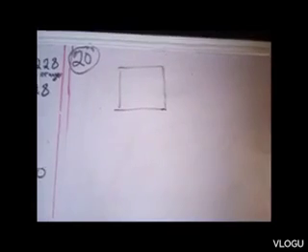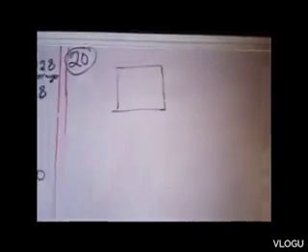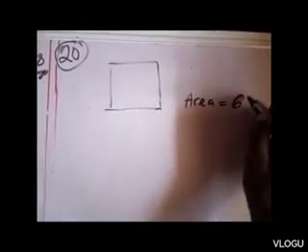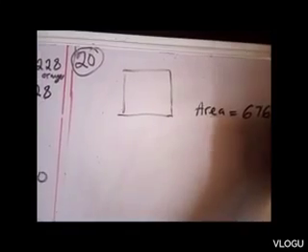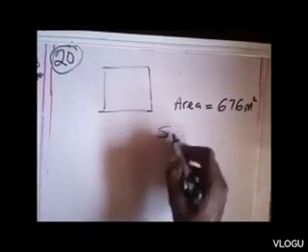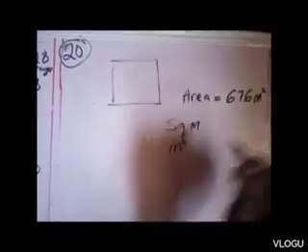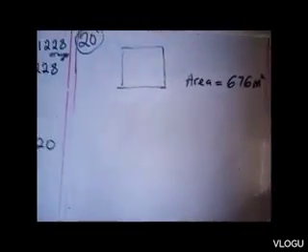We are being told that the area of that garden is 676 square meter. So I can write like this, meter squared. Though in the question it is written as square meter. So it is the same thing as meter square. So when you see such in your examination, don't get confused.